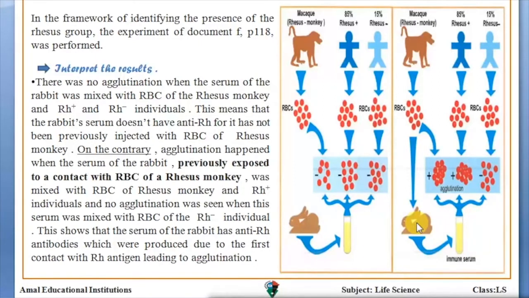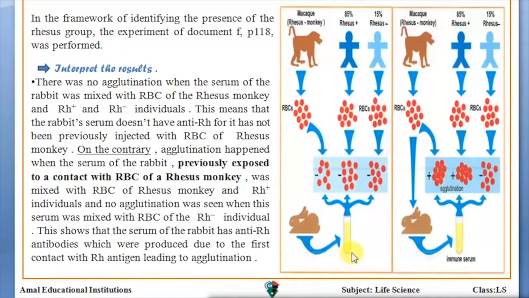The body of this rabbit has produced anti-Rh antibody in response to the Rh antigen found on the red blood cell. Therefore, this shows that the serum of the rabbit has anti-Rh antibody which was produced due to the first contact with Rh antigen, and this is going to lead to agglutination here.